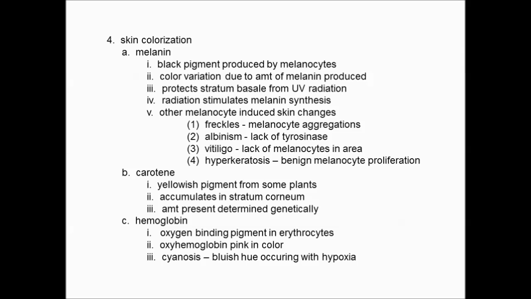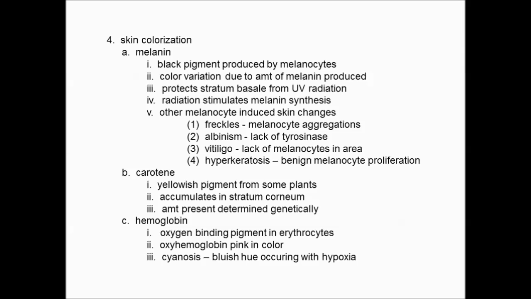The melanocytes are responsible for several different conditions of our skin. For example, freckles are due to aggregation of melanocytes in one area, so you end up with a condensed layer, or a large amount of melanin in one area. I mentioned already albinism, which is lack of melanin, is due to the absence of an enzyme needed for synthesis of melanin called tyrosinase.